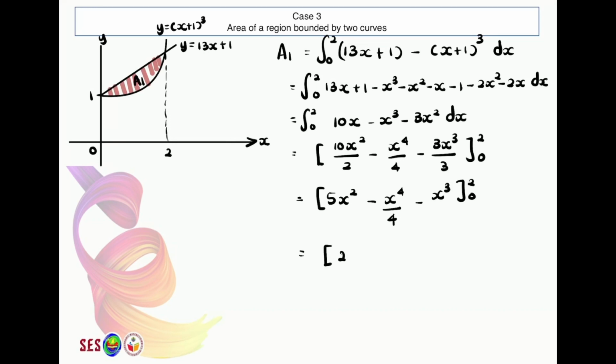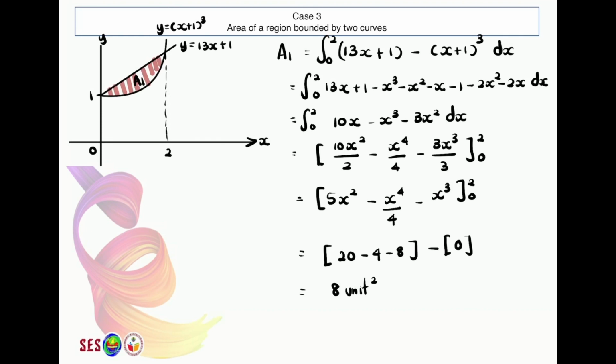For the first bracket, you'll be getting, and for the second bracket, you'll be getting 0. So this will give you, so this will be the area for the first part.